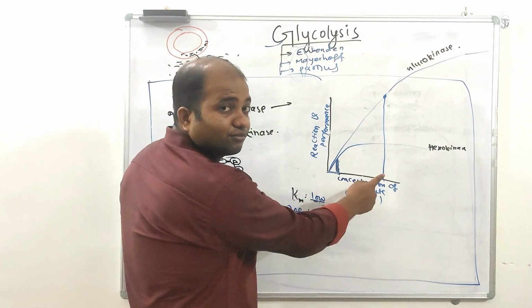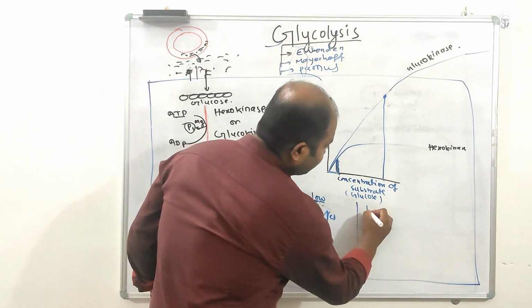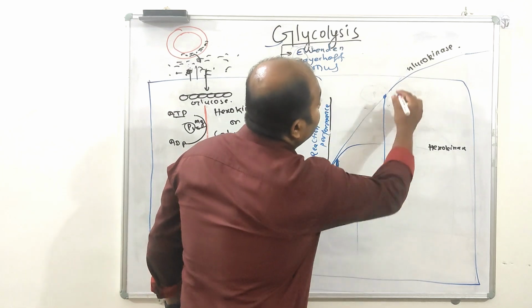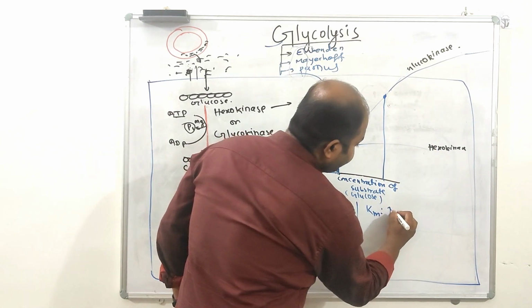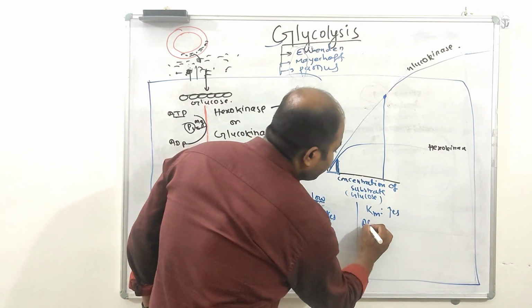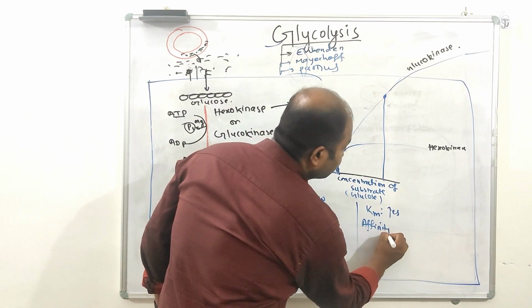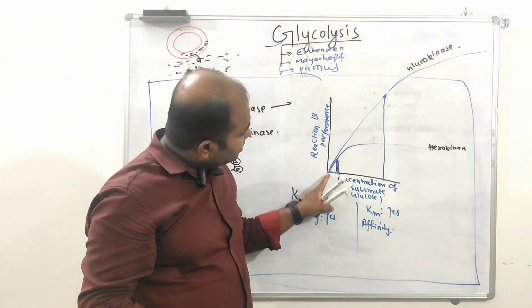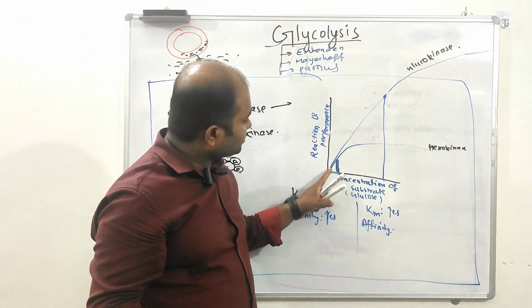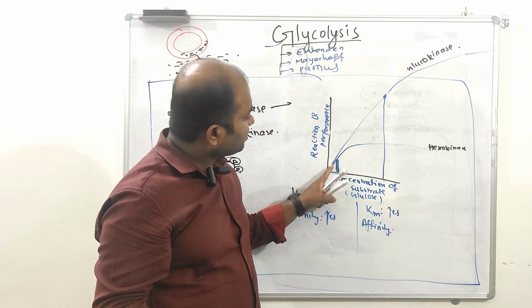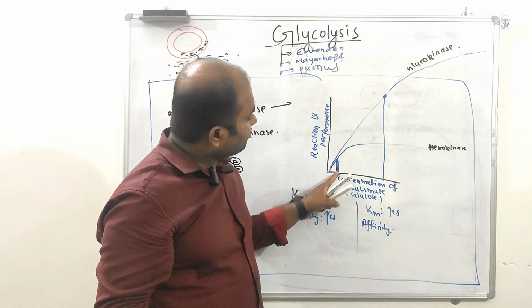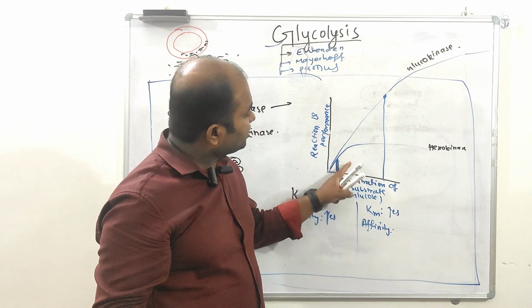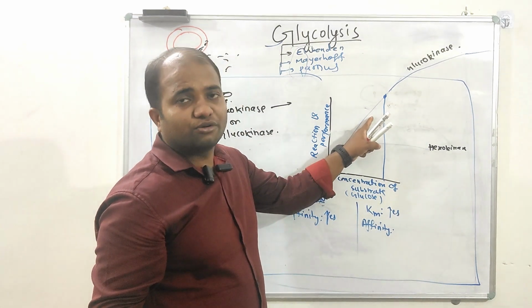That means Km is more for glucokinase. Km is high. But what about affinity, sensitivity toward glucose? If you give little concentration, this will not go more. You are seeing it? If you keep increasing, then the reaction velocity will be more.